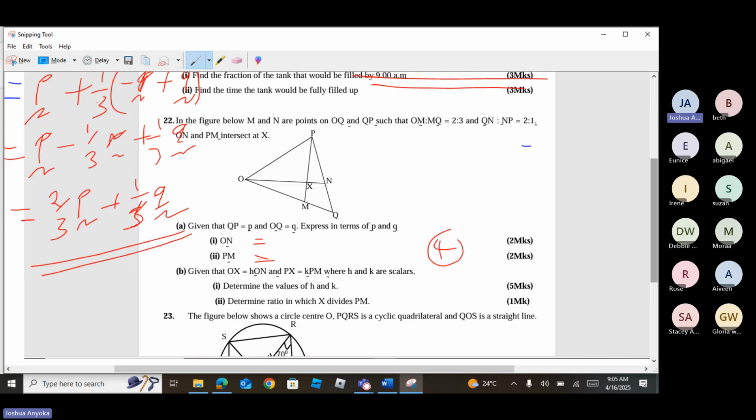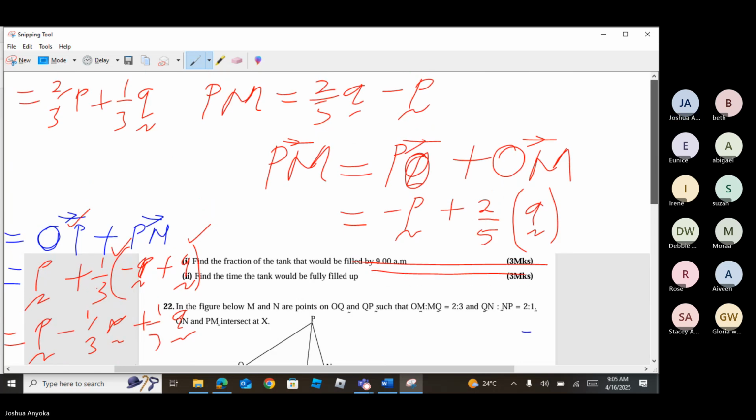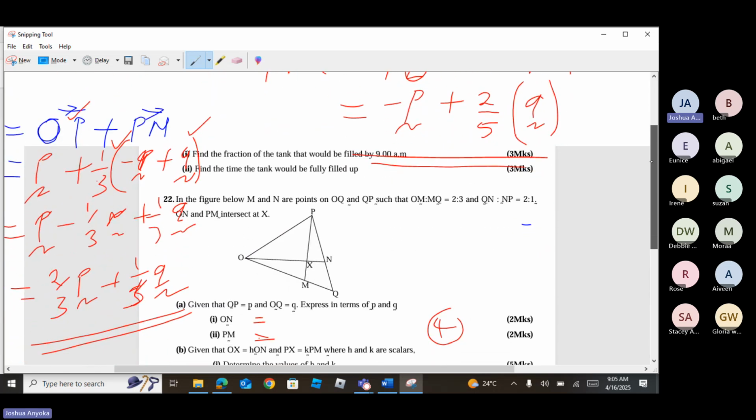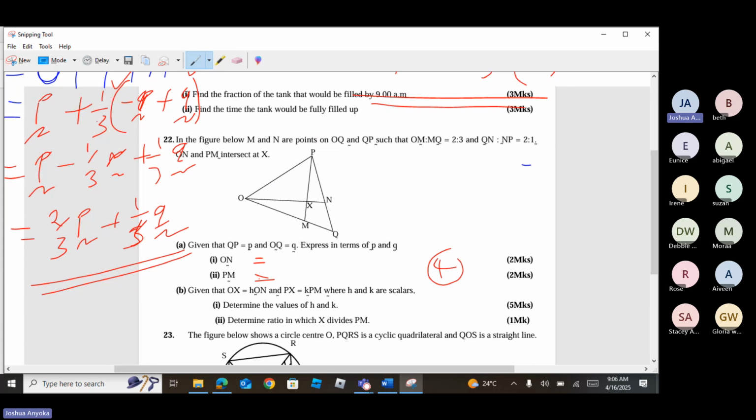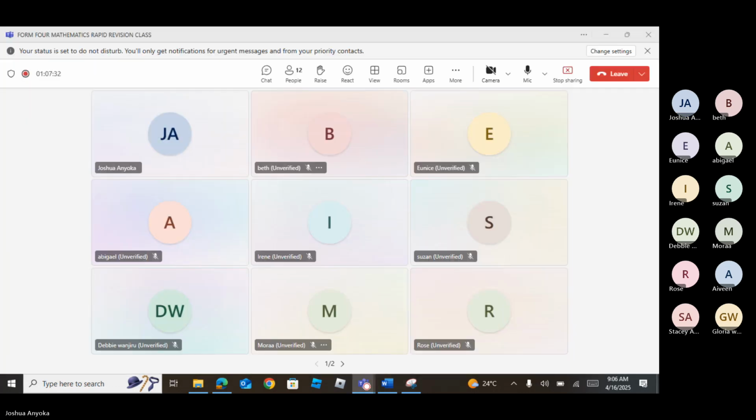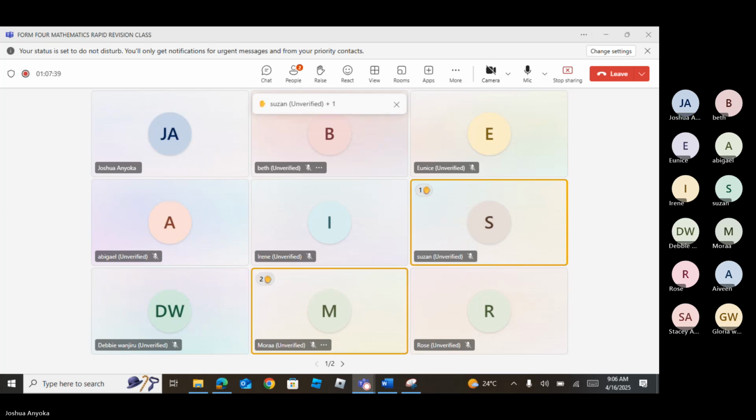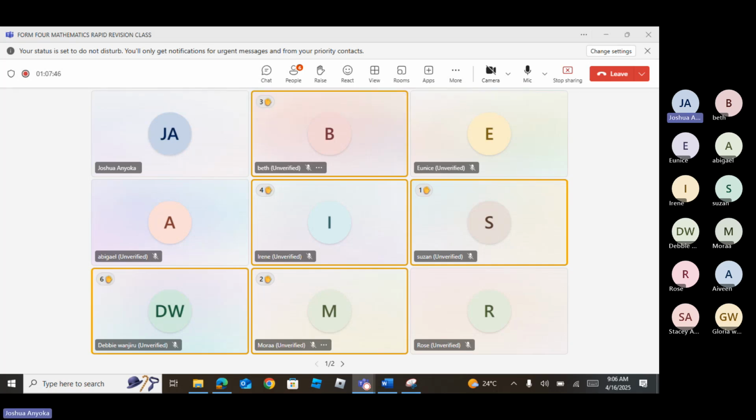Anybody who has an issue on how the 2 vectors have been worked out? Are we in agreement, all of us? By show of your hands. Raise your hand if we are in agreement. Yes, Susan, we are in agreement.